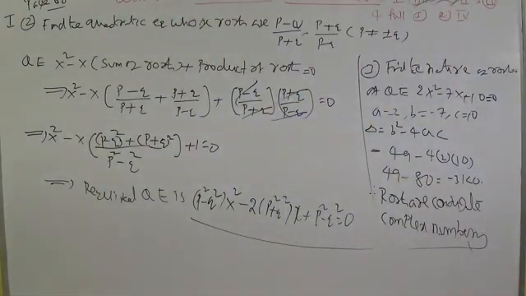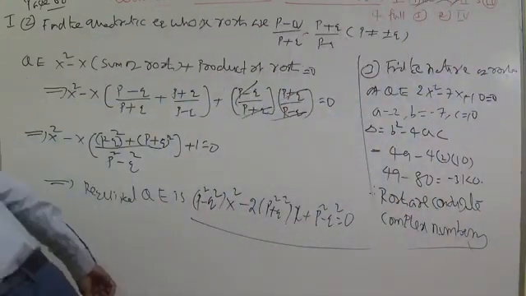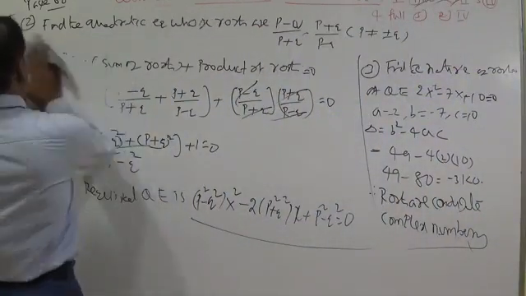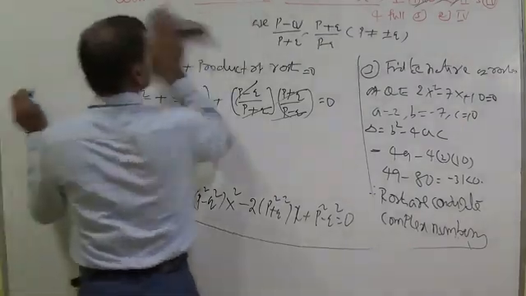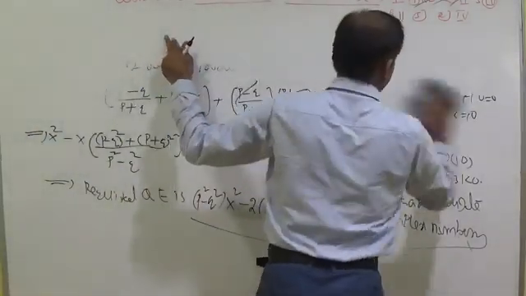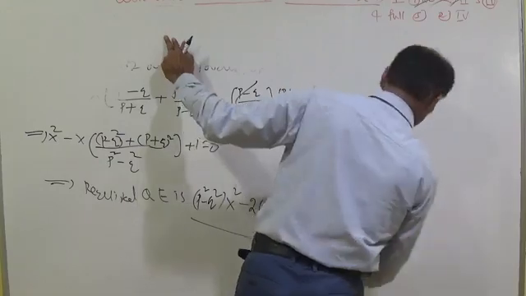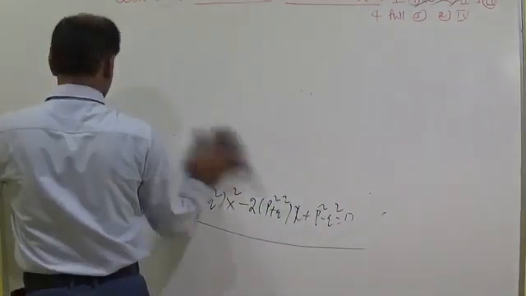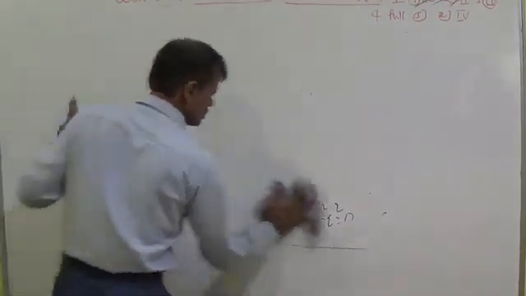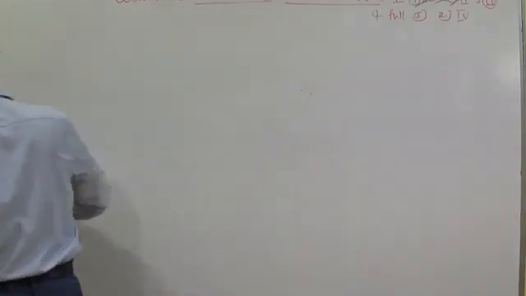Now let us discuss about the fourth one. If alpha, beta are the roots, find the following values.